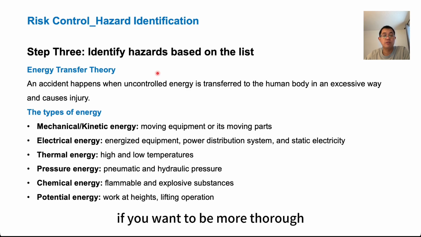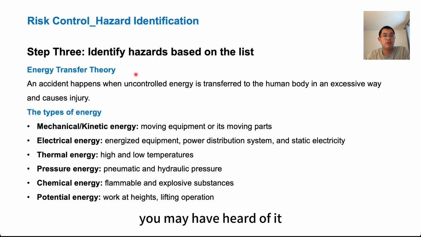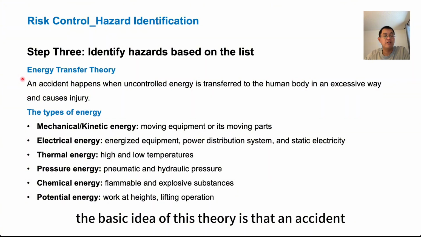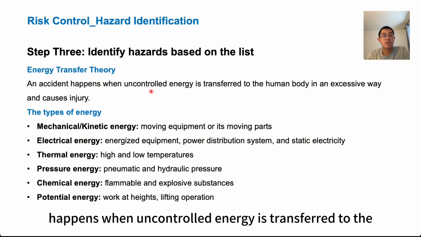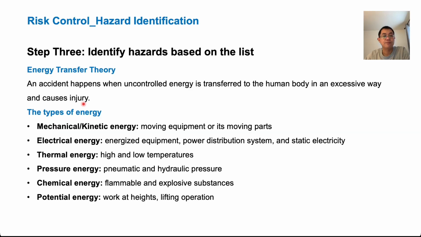So if you want to be more thorough, a very useful method is to identify hazards based on the energy involved. There's a theory called energy transfer theory. You may have heard of it. The basic idea of this theory is that an accident happens when uncontrolled energy is transferred to the human body in an excessive way and causes injury.